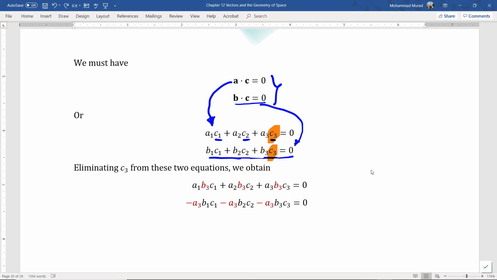To eliminate C3, we need to multiply the first equation by B3, this coefficient, and the second equation by the negative of A3.